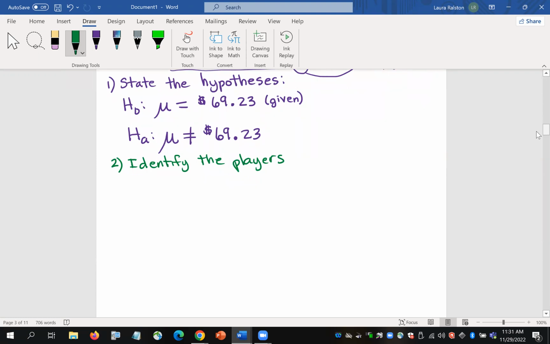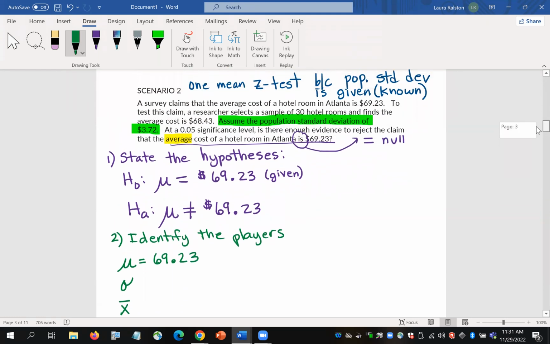So I remember you have to have the population mean, the population standard deviation, the sample mean, the sample size, and your level of significance. The population mean comes from your hypothesis, so that's $69.23. The population standard deviation I've highlighted in green in the scenario, so that's $3.72.